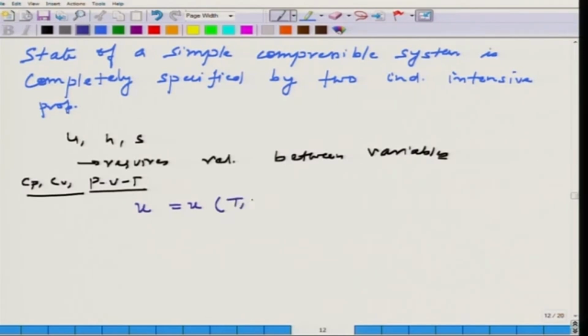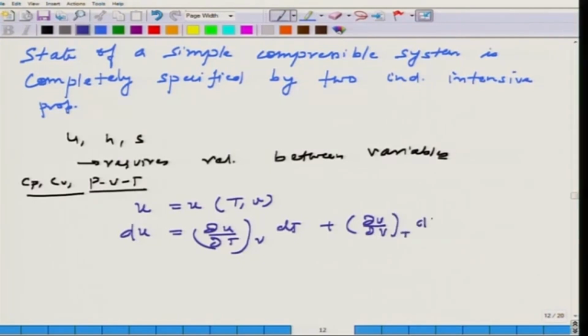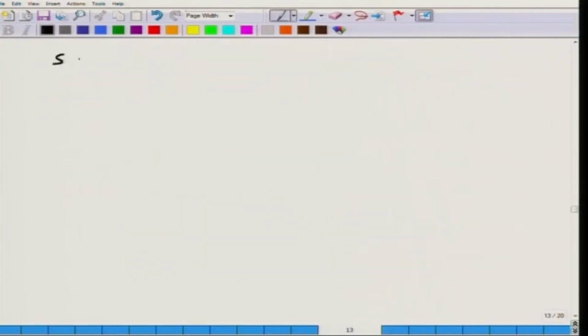Let me say we are interested in variables T, V. So we can write in differential form dU as del U by del T at constant V dT plus, and thus I can write this as Cv, which we know, and this is del U by del V at constant T dV. Similarly I can also express entropy in two independent variables T, V, as follows.